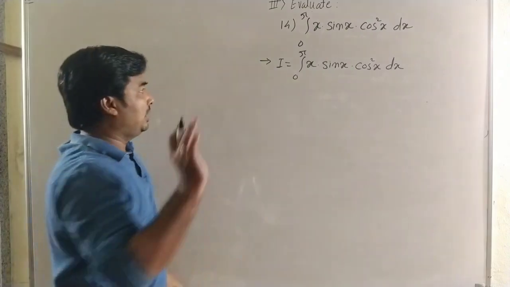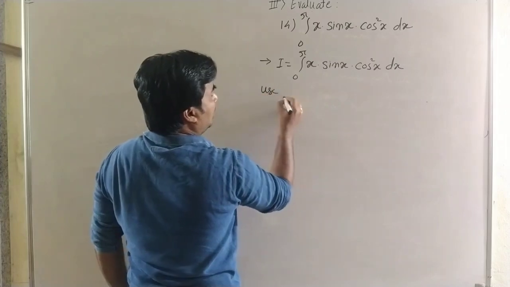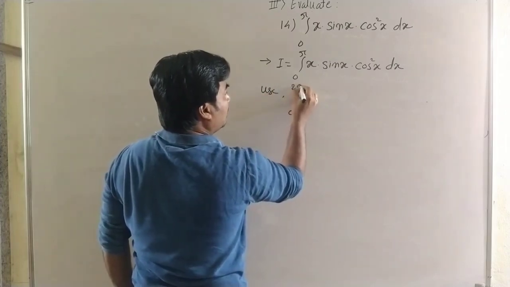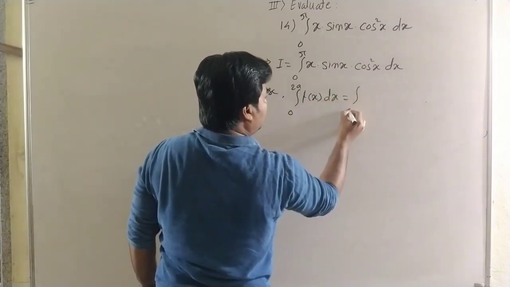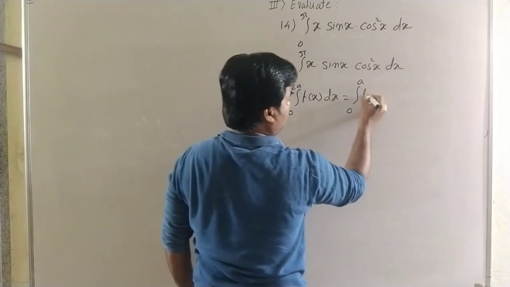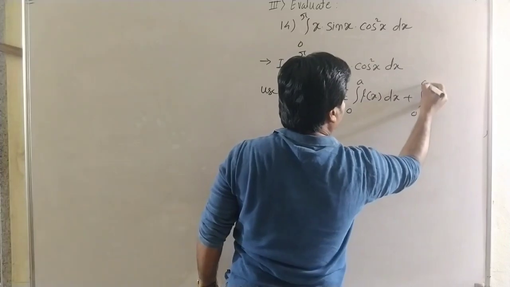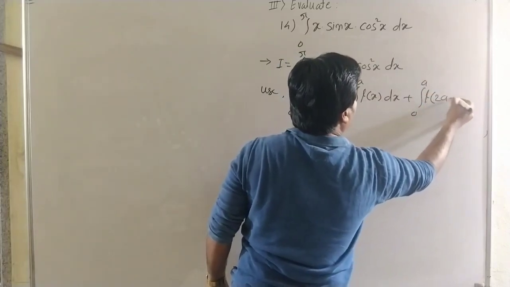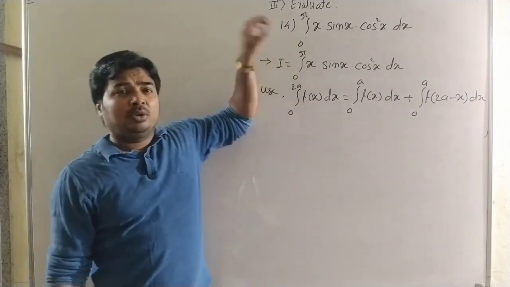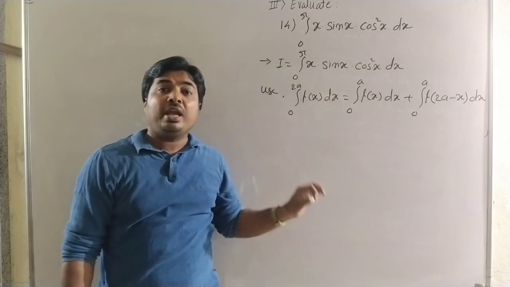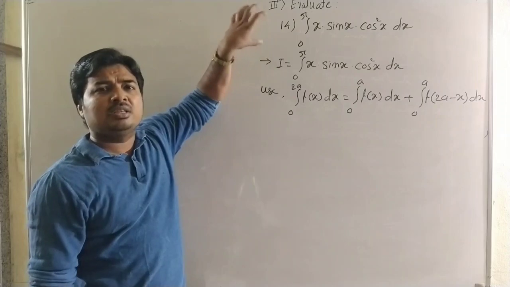Therefore here we use integral 0 to 2a f of x dx is equal to integral 0 to a f of x dx plus integral 0 to a f of 2a minus x dx. Using 0 to 2a is the easy method.